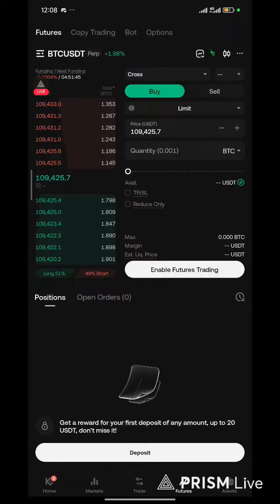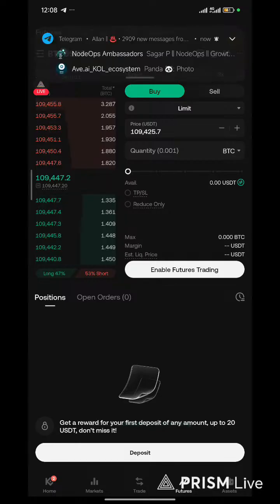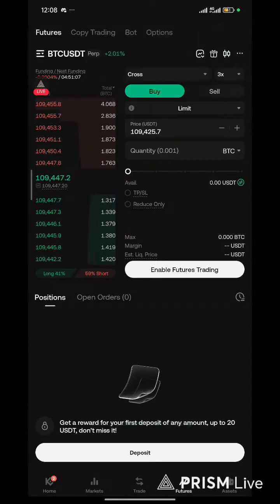Now in futures trading we have two aspects: the USDT margin and the coin margin. The USDT margin is where your profits and losses are shown in USDT, in stable coin.